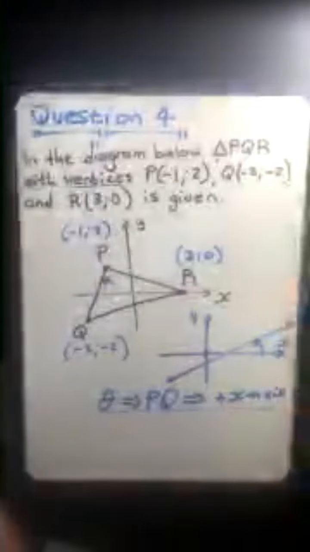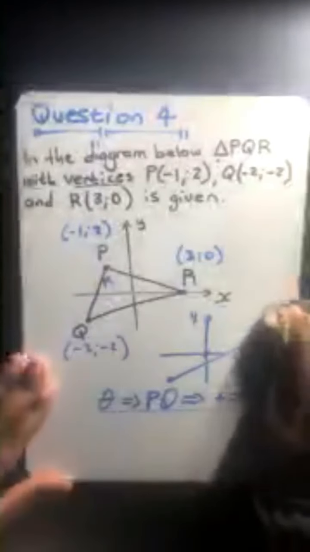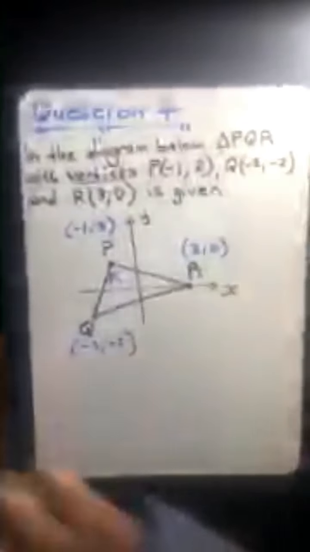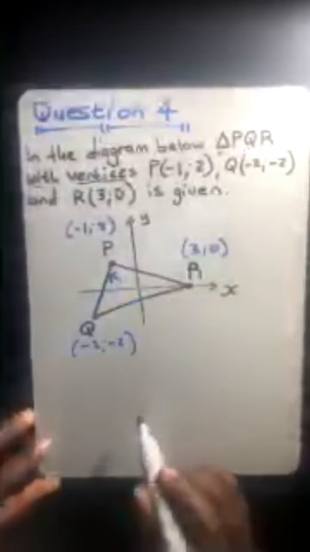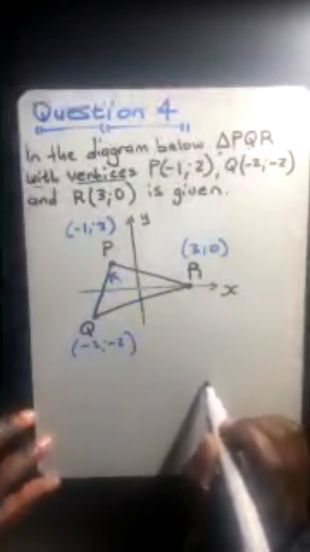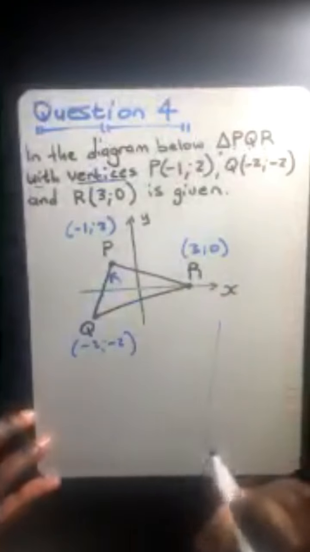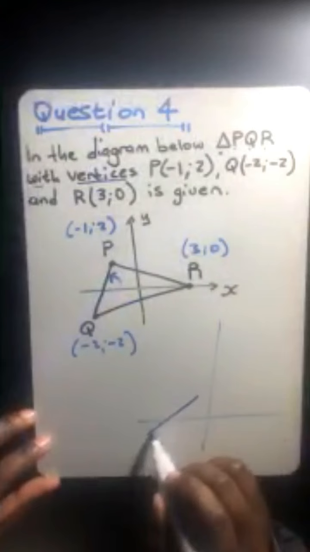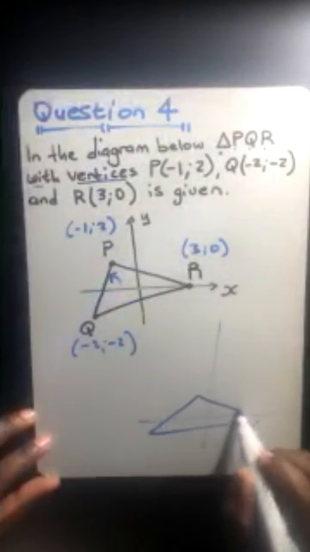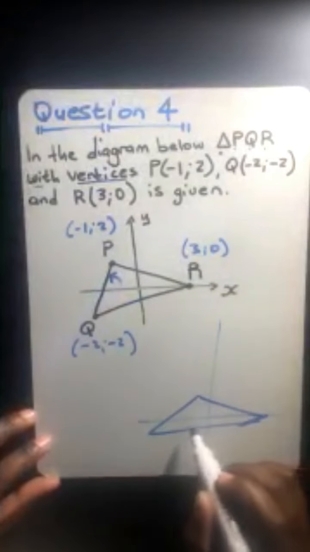For this to make perfect sense, I'll redraw it so that you understand what is meant by the positive x-axis, because you might be wondering, now I've drawn it on the negative side of the x-axis. Let's say this is the y-axis and this is the x-axis, and we've got a triangle something similar to that.